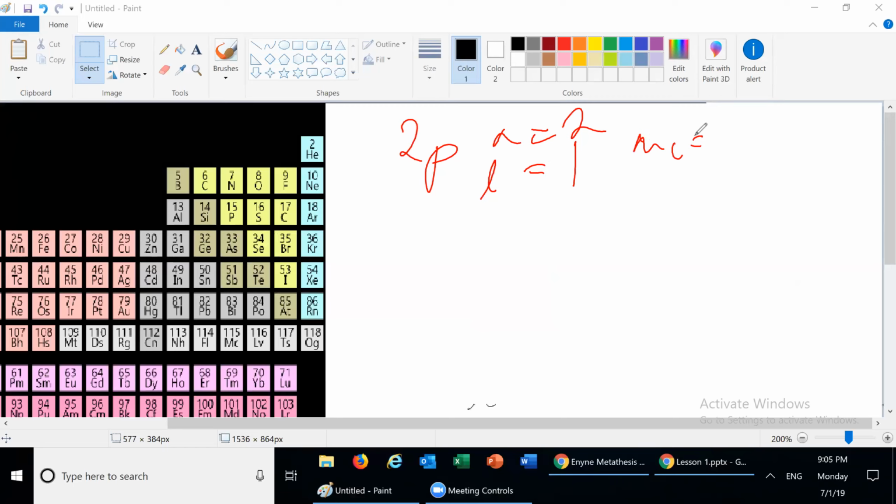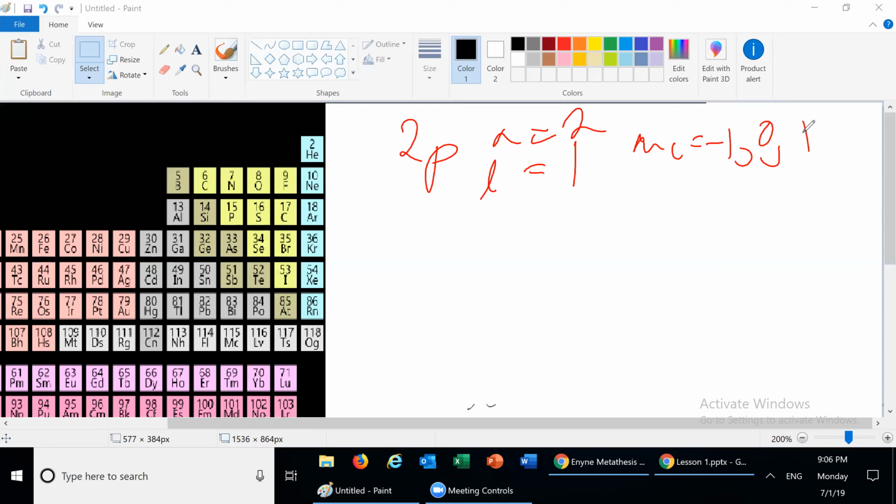Okay, that's good. What about the possible values of m sub L? L is 1, so it's -1, 0, or 1.